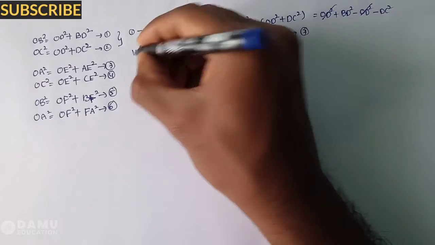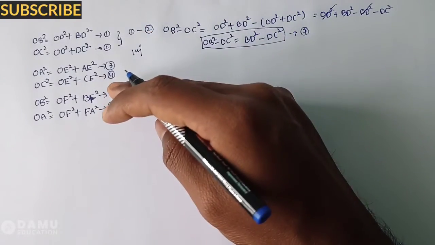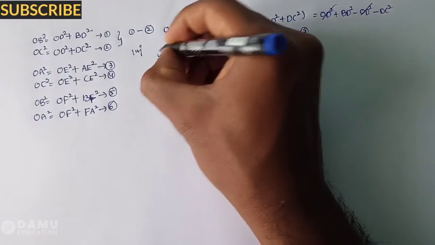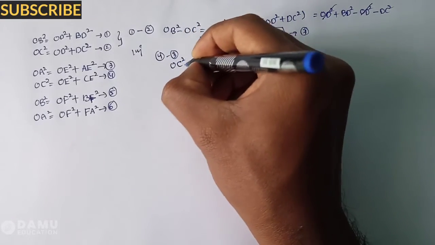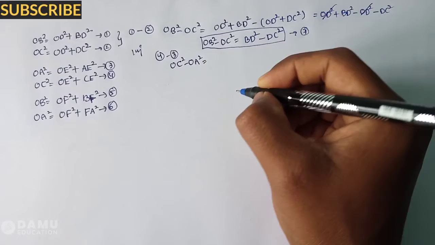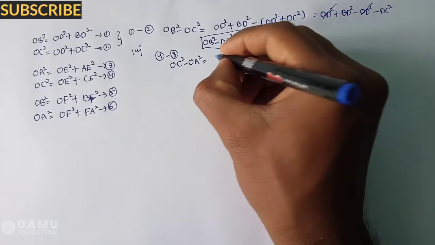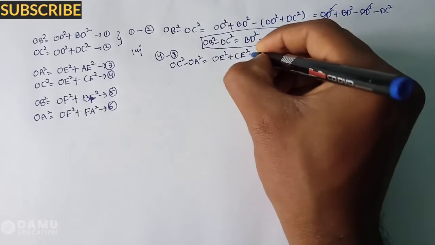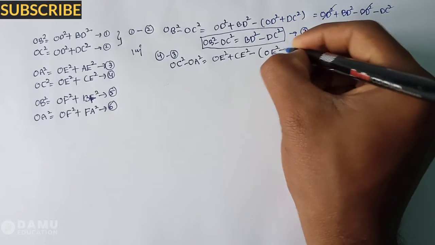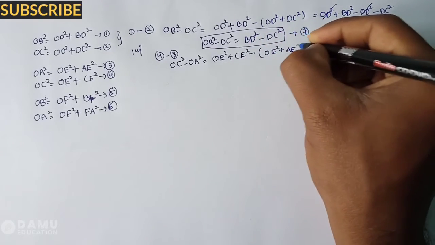Similarly, you can do these things. Here OC square minus OA square, that is 4 minus 3. So OC square minus OA square will be equal to OE square plus CE square minus of OE square plus AE square.